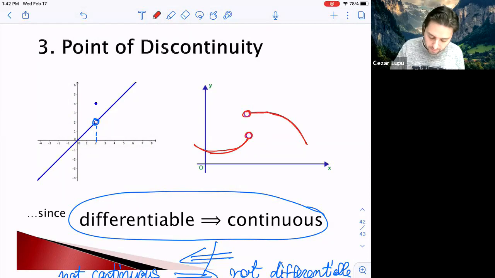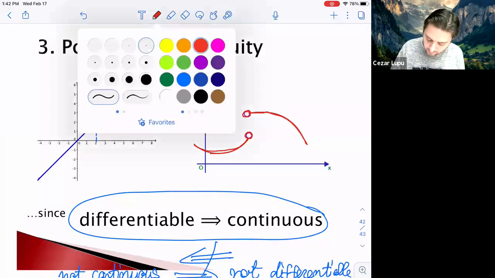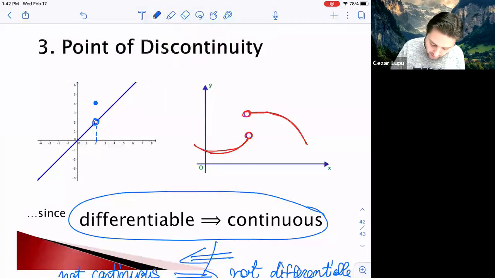So this function here is a piecewise function. You see, it has the value 2, which is 4, but here this line excludes the point x equals 2.